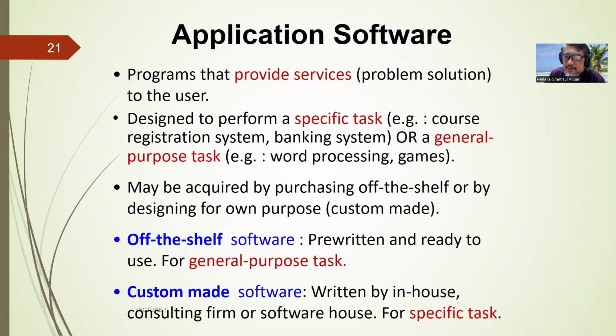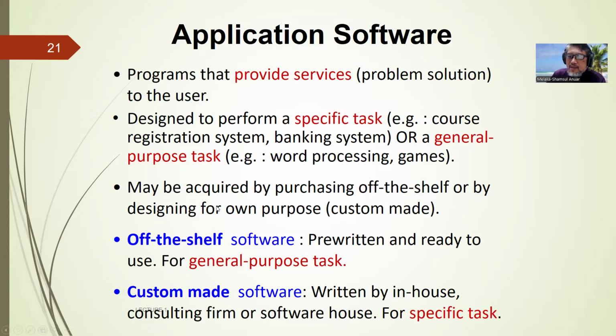If you want to do CAD, you have AutoCAD, CATIA, SolidWorks. Application software is designed to perform a specific task, such as a course registration system, like in our case, the SMP portal. There are also general purpose tasks such as word processing, games, and things like that.